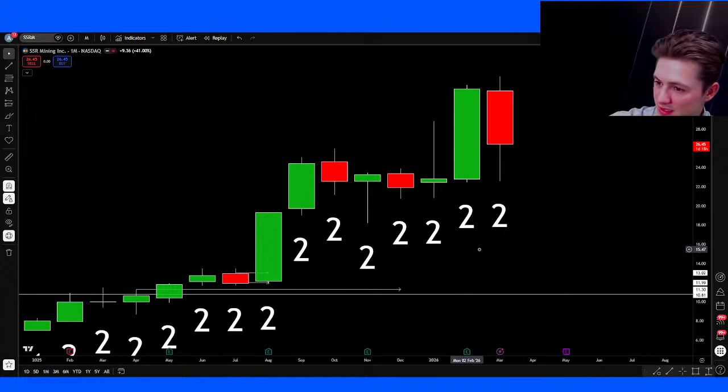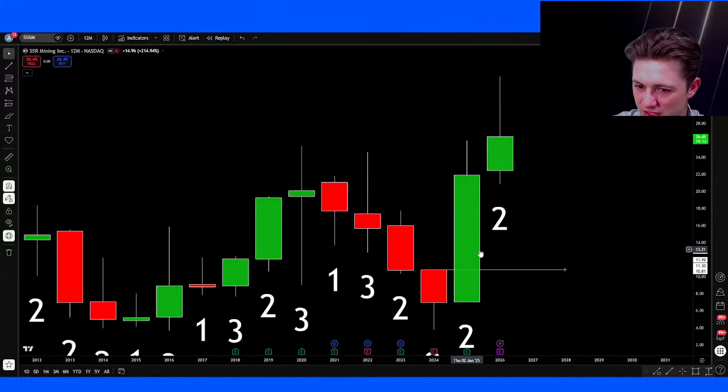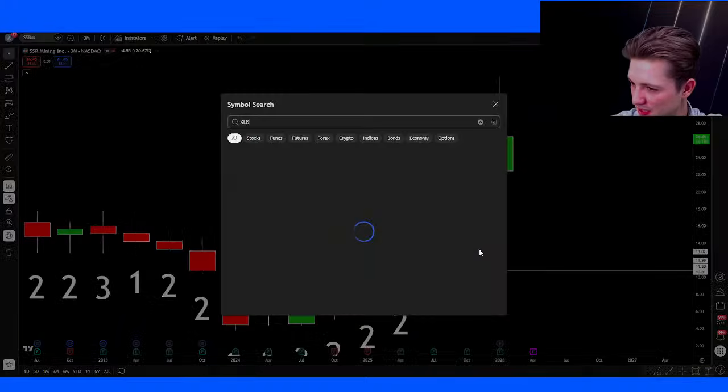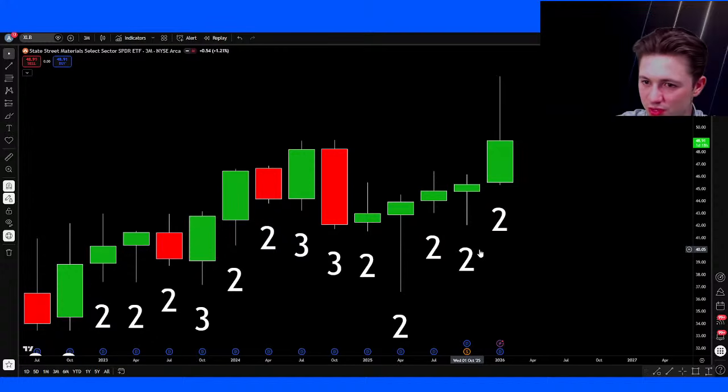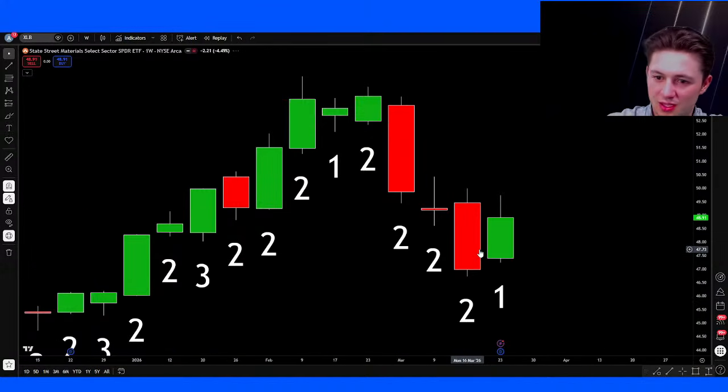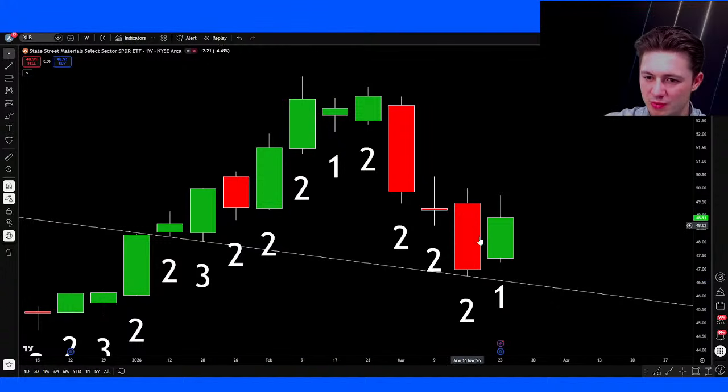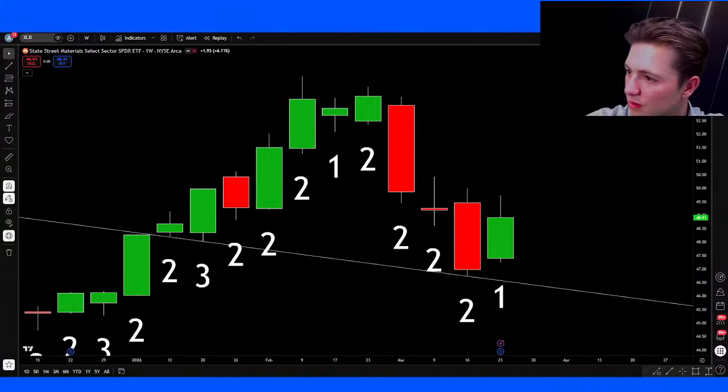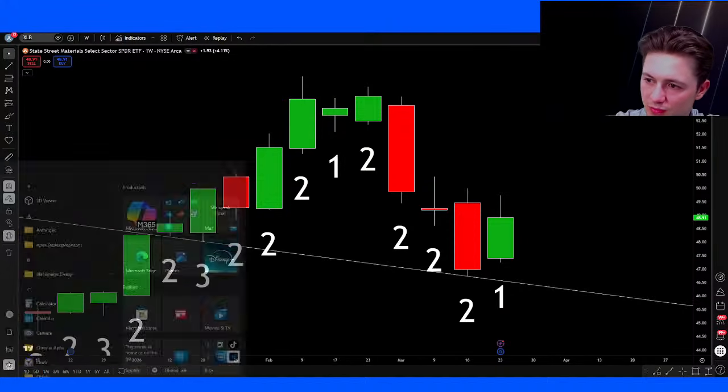So it's not exactly what we're looking for, but maybe we'll have to see. You can see materials have that big upper wick on the quarter, but we have this inside week. So all material names become more interesting.